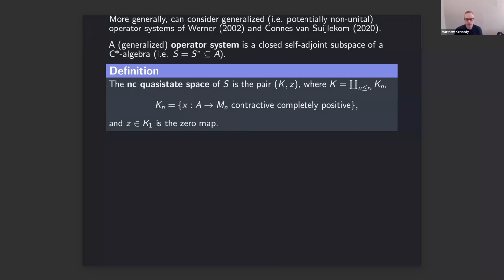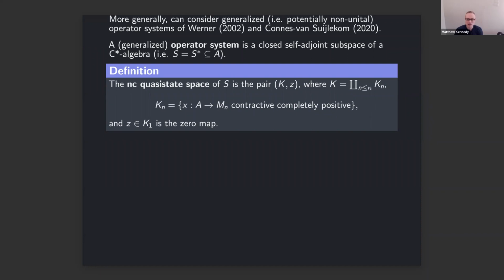And the right replacement for the NC state space in this context is the NC quasi-state space, which is an analog of the usual quasi-state space of a C-star algebra. This is the set of maps from S into a set of matrices in appropriate size, or more generally, the operators, which I'm denoting by Mn, acting on a Hilbert space of dimension n.